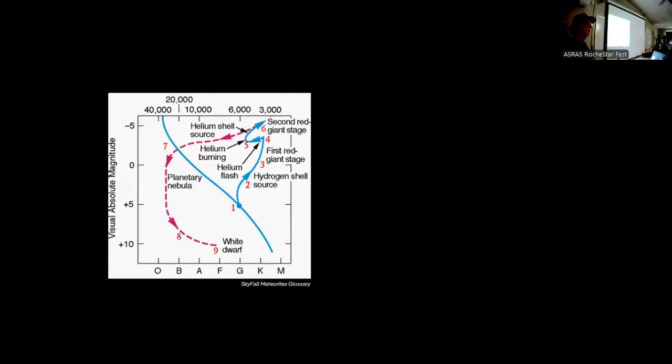So a white dwarf turns into more white dwarfs? No. Planetary nebula are the emitted layers of white dwarfs, and they expand out away, leaving the white dwarf at the center.